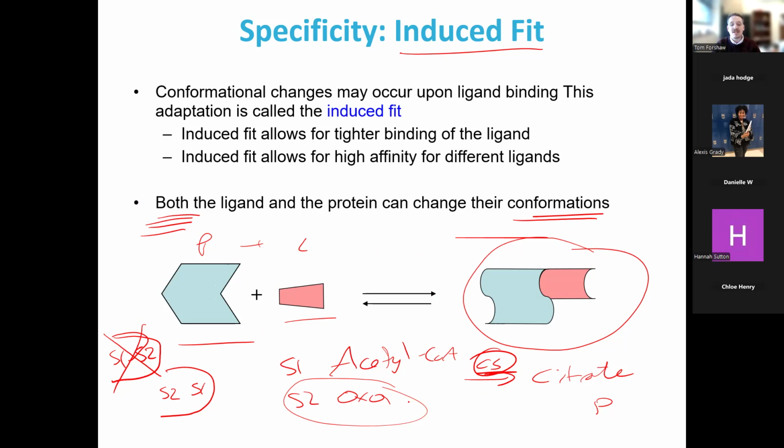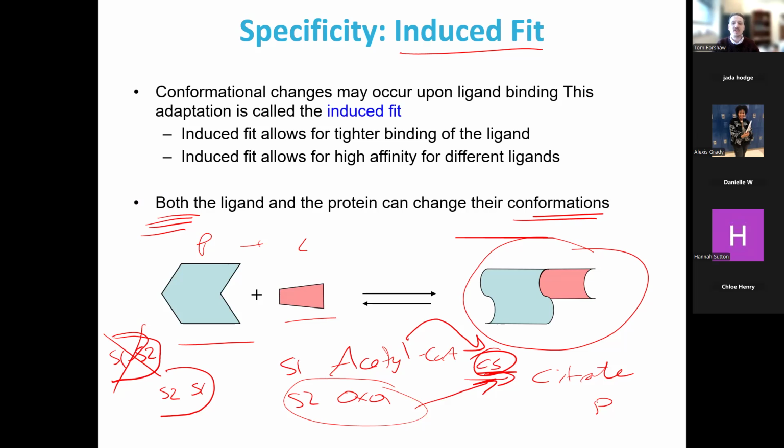But oxaloacetate, when it binds with the citrate synthase, will change the shape of the citrate synthase to make it complementary, so that acetyl-CoA can now bind. And in that way, you control the order of binding. Acetyl-CoA can't bind first because the enzyme isn't the right shape. The enzyme only becomes the right shape once the oxaloacetate binds first. So that's an example of the induced fit.